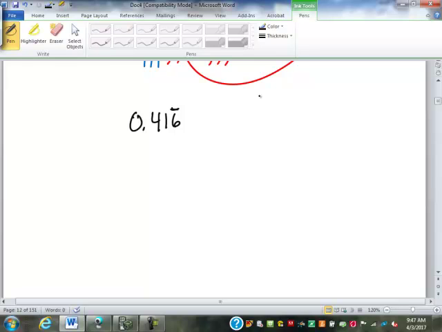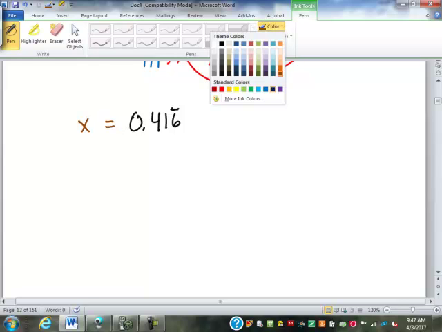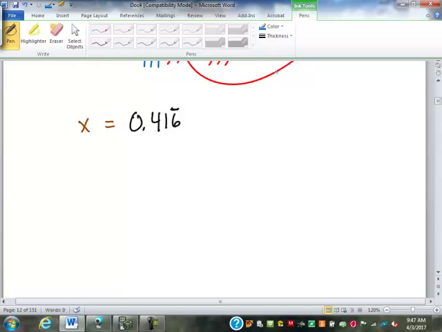0.416, where the 6 repeats, not the 4 and the 1. So we're going to let x equal 0.416 with the 6 repeating. Now, before I do anything here, I need to adjust this. The process we've been using requires that the only thing after the decimal point is the part that repeats.